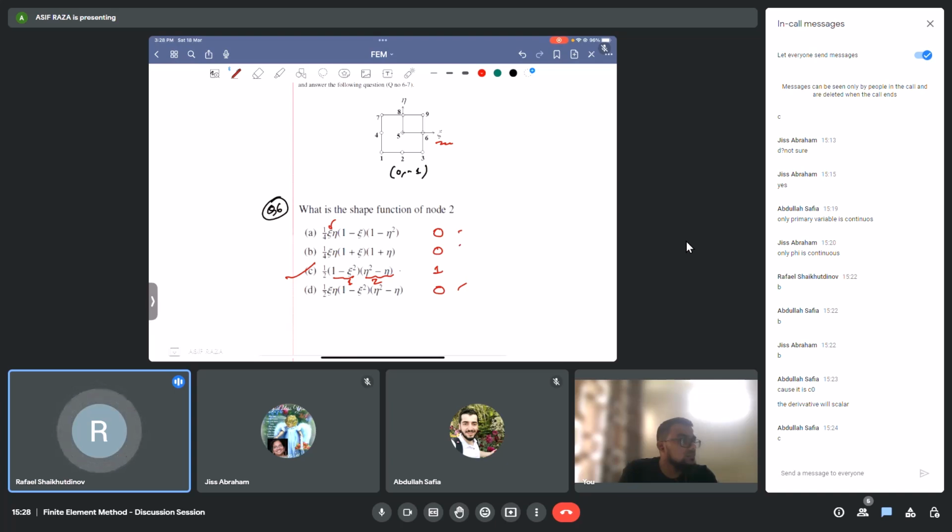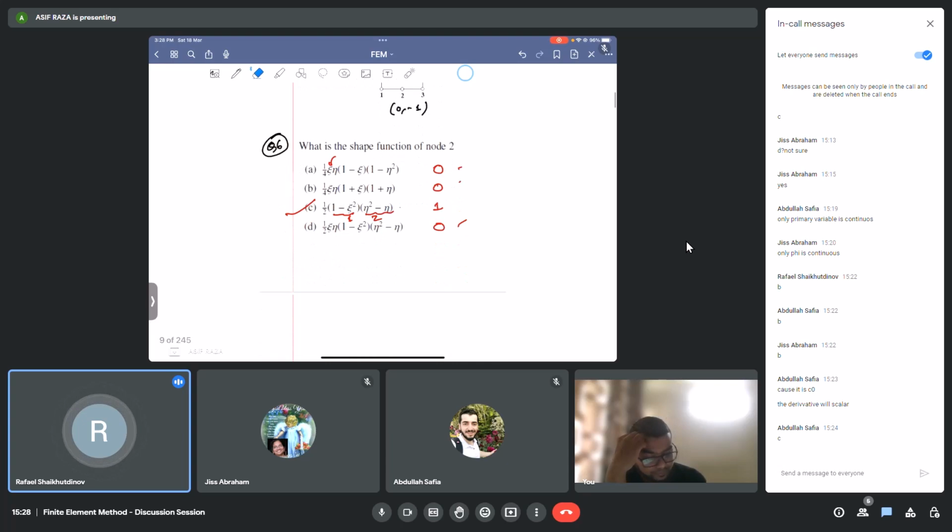For eta equal to 0, and for eta equal to 1, we also should have 0, because nodes 4, 5, 6, and nodes 7, 8, 9 are on the lines eta equal to 0 and eta equal to 1 respectively. So we should have 0 there. For eta equal to 1, we need to have a 1 minus eta term. And for eta equal to 0, we should have just an eta term.